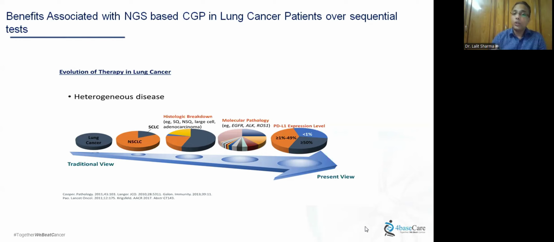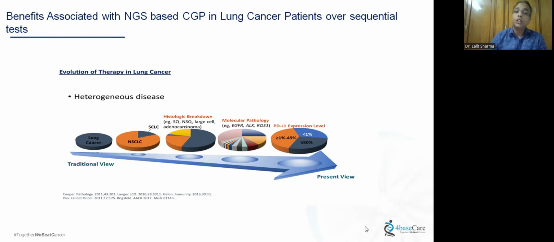We were able to identify in a significant chunk of patients the molecular pathology which was driving that particular oncological disorder. The most common one was EGFR mutations, followed by a large number of uncommon ones, such as ALK, ROS1, and a lot of lesser common ones, such as MET, RET, NTRK, and a lot many of them.